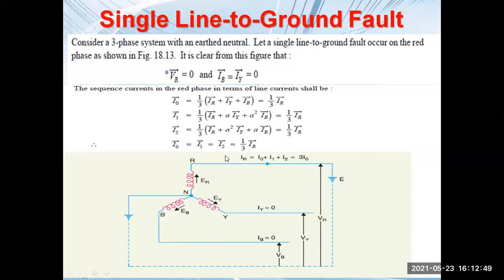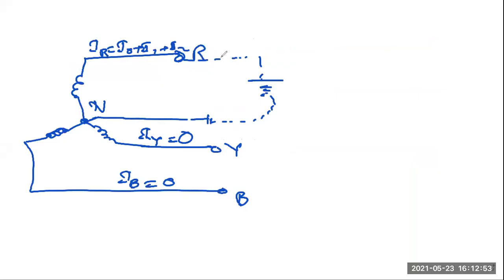So that means this R phase is grounded. A fault has occurred in the R phase, so it is grounded. When the R phase is grounded, VR will be equal to 0.